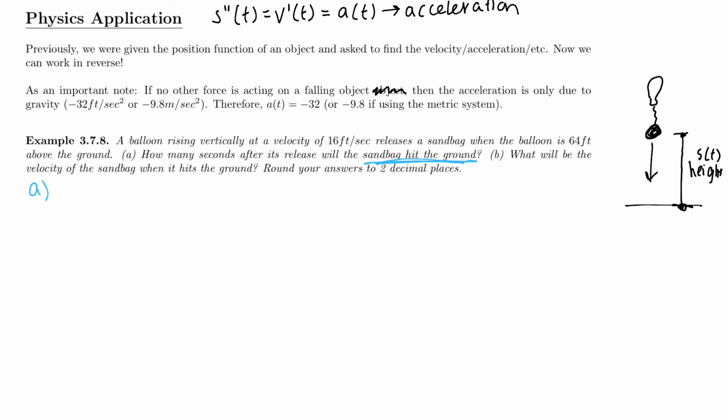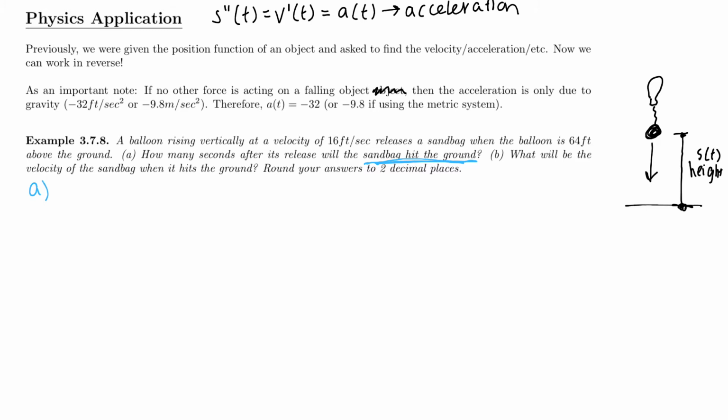Down here, when we hit the ground, what would our position be? What would the position function give us if we're hitting the ground? What would s of t be in this case? If our position function represents the height above the ground, when you hit the ground, that value should be 0. So the position function should be 0 when the sandbag hits the ground.